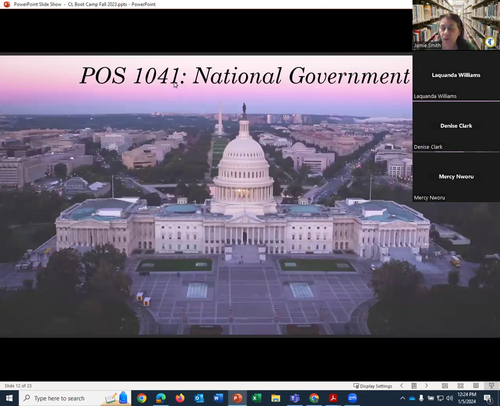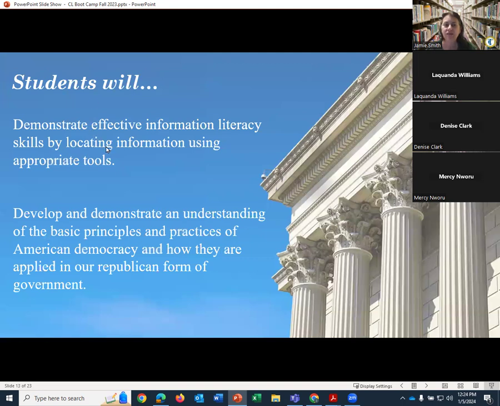So now we have POS 1041, which is called National Government. In this, it's very interesting, except for the first objective, demonstrate effective information literacy skills by locating information using appropriate tools, which you will do in AMH 2020 as well.